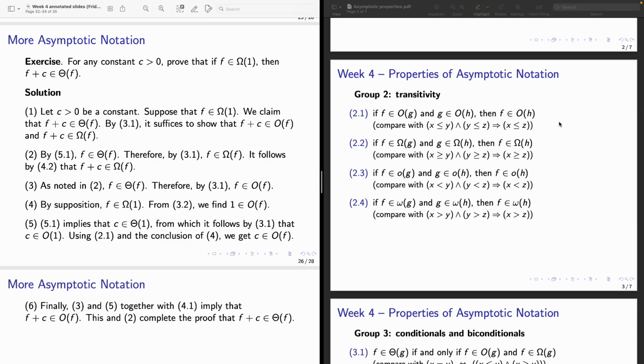I think my incorrect predictions here should illustrate how there are multiple ways to solve each problem. It's not a universal truth that to prove this you have to use 5.1 and then 3.1 and then 3.2. This is one correct solution among many.